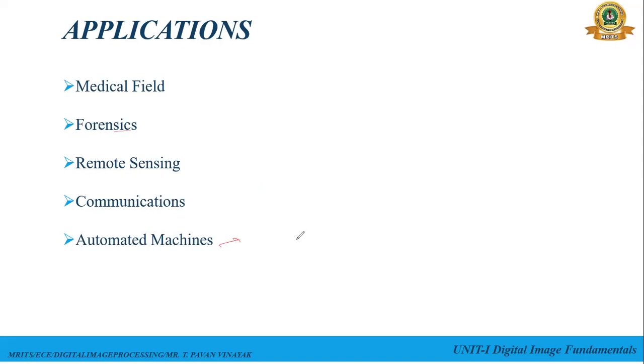In industries, to track objects, we use image enhancement techniques. Next, astronomy, photography, and identifying targets and navigation paths in the military. Everywhere we use image processing techniques.